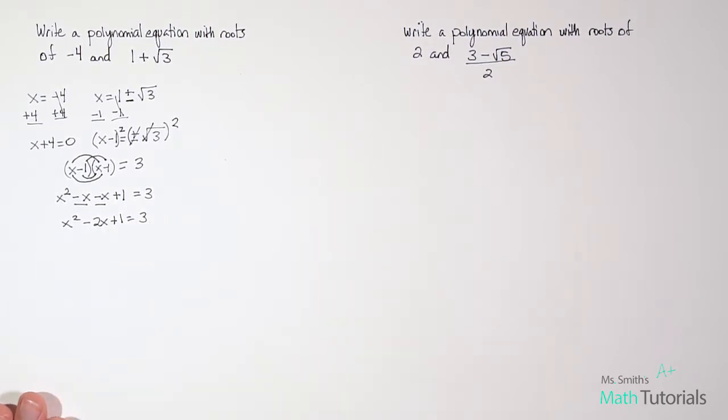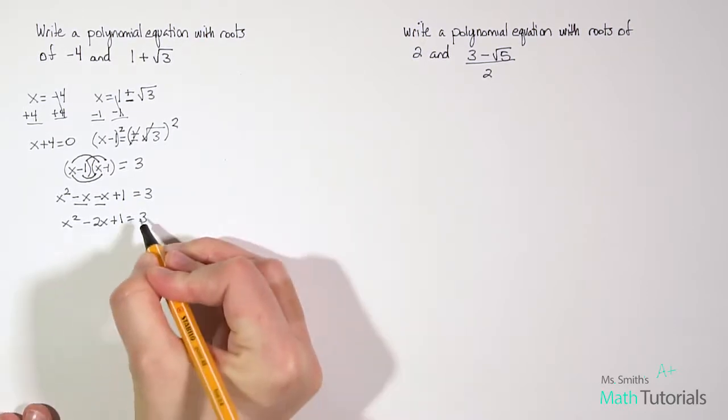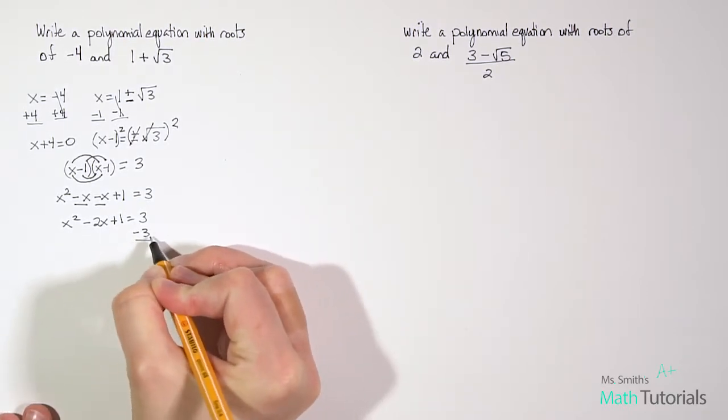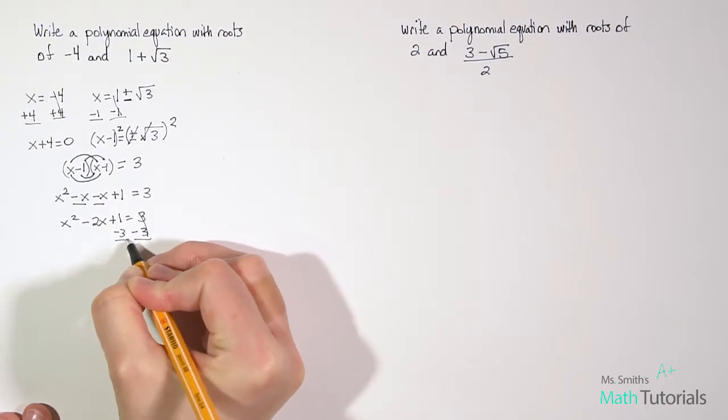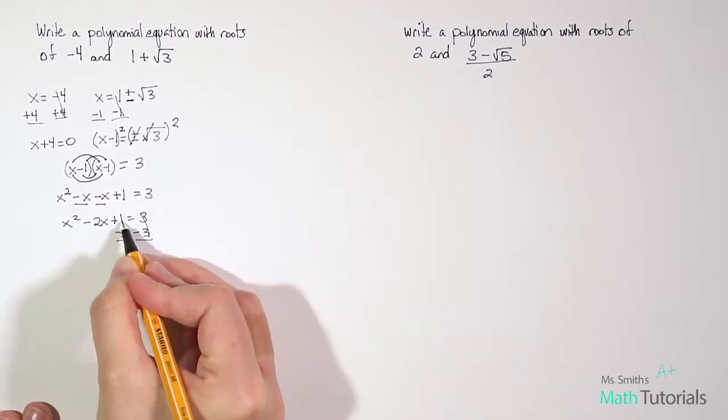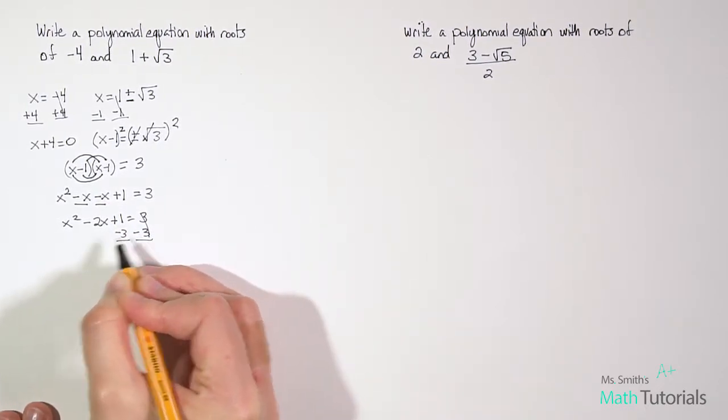So again, we've kind of gone off on a detour a bit. We were worried about getting this radical alone and then getting rid of the radical and then foiling, but at the end we're still on step 2. We're still trying to get this factor equal to 0. So it's almost equal to 0. I just need to subtract this 3 from both sides. And notice I put it right under that 1 because that's its like term.